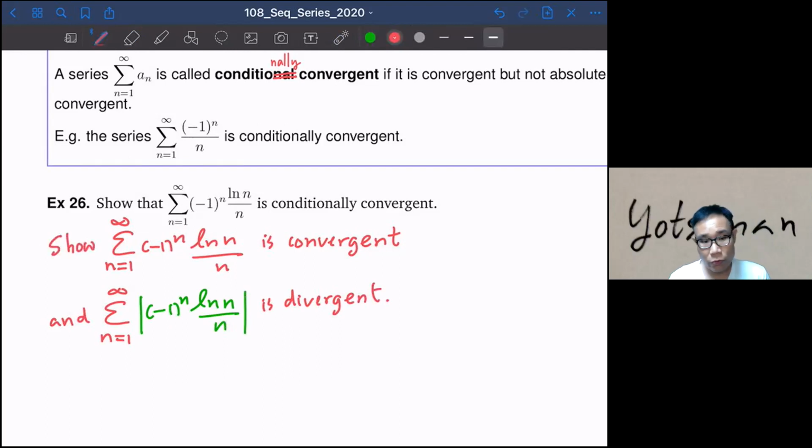You show that the series is convergent and the absolute value turns out to be divergent. Here, I will let you do the first one by AST, that we just studied.